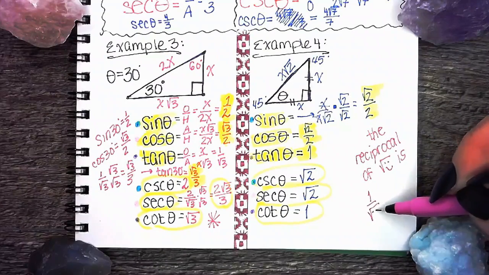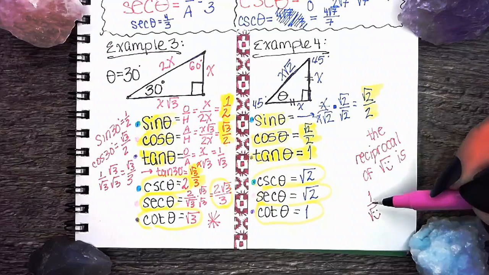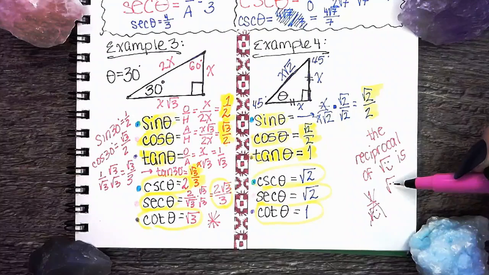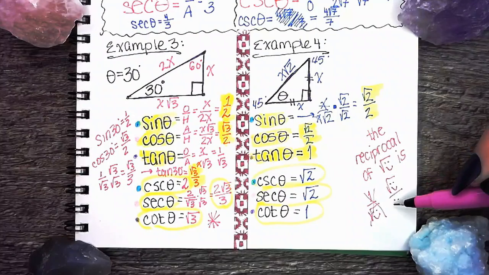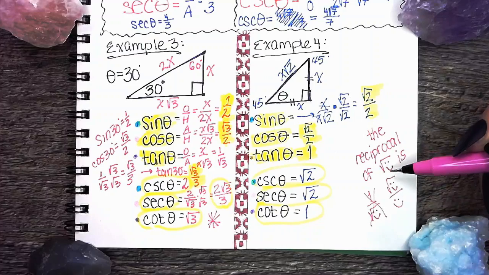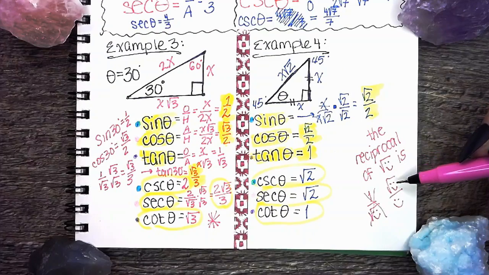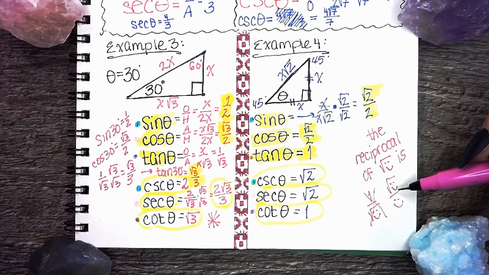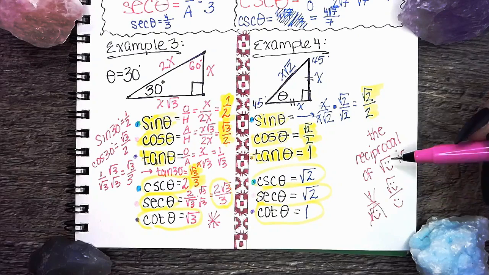But that's ridiculous. After you rationalize, it'll always be square root smiley face over smiley face. So it's definitely a good thing to know that the square root of something is going to be reciprocals with the square root of that thing over that thing, and vice versa.